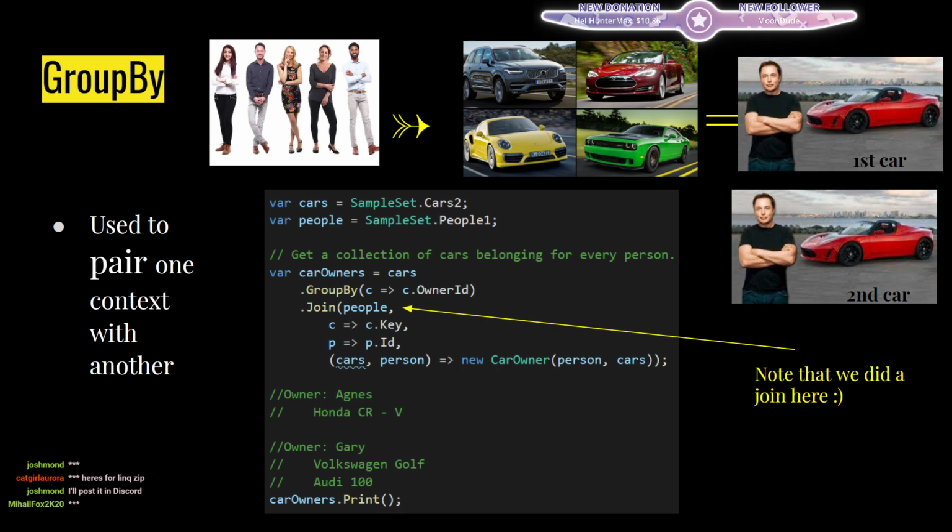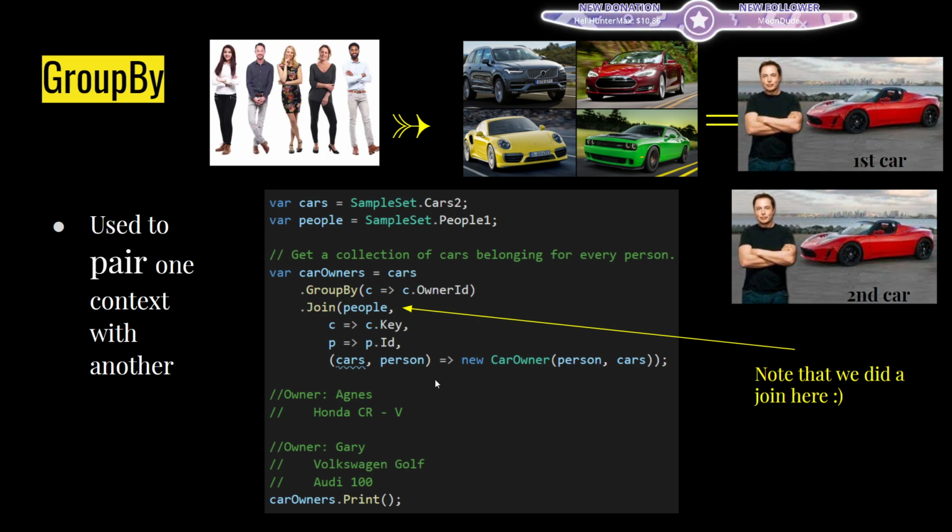So group by is very similar to join, except that in join you need another context, and with group by you use the same context. So you group elements of the same context and you basically create pairs, where the first thing in a pair is a key, and the other thing is what belongs to that key, some collection of values. Here I say what cars belong to what owner ID.